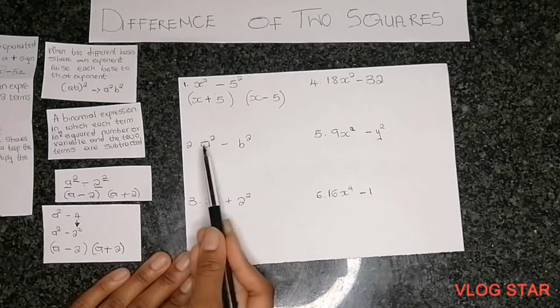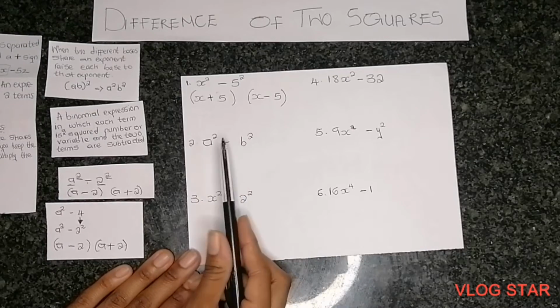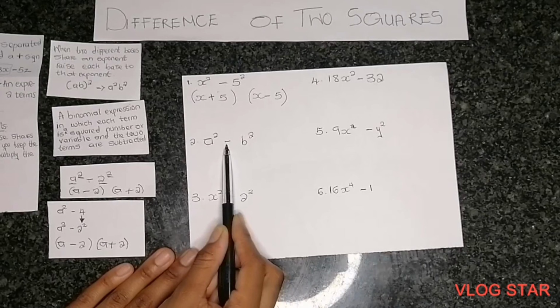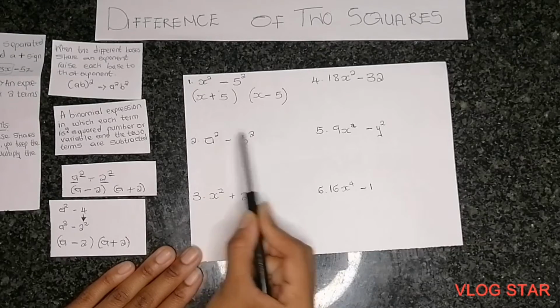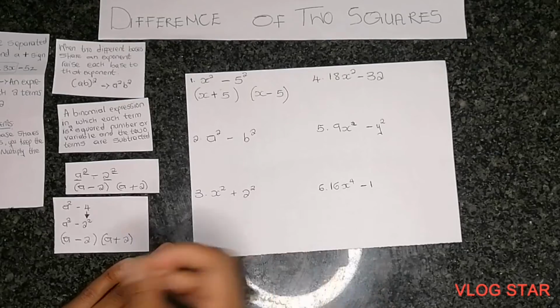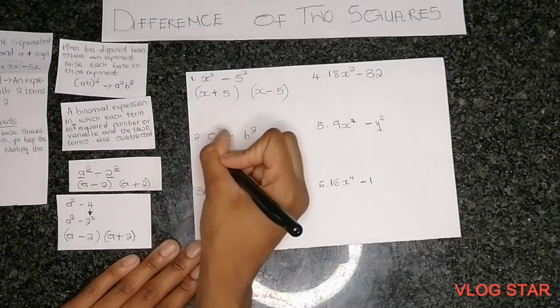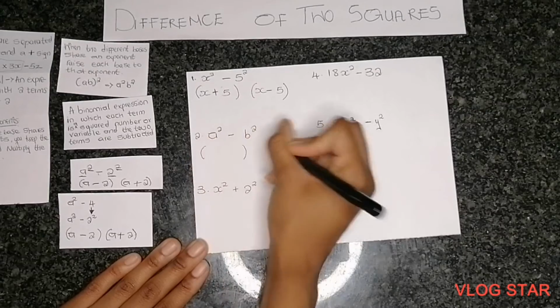When looking at this, we can see that we have a binomial expression. We have a negative sign in between the two terms, and these two terms are in the form of squared. So that means we can apply the method of difference of two squares. Open our two brackets.